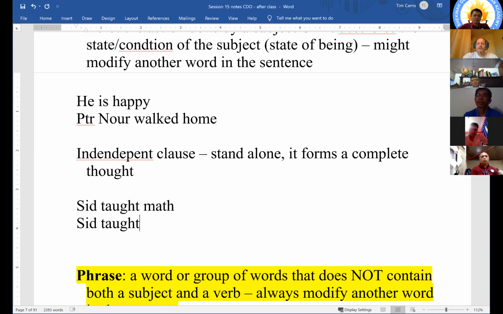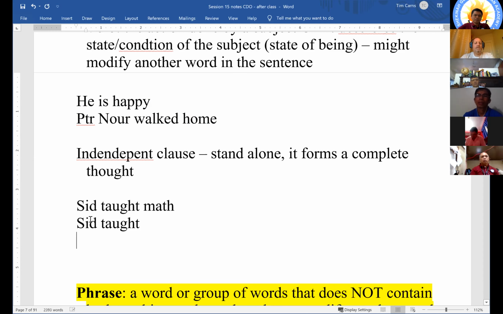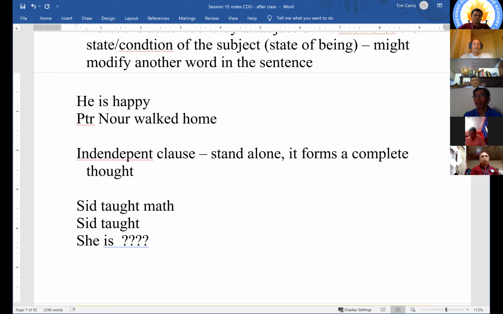Not necessarily, right? Or she is. Does that form a complete thought? No, it doesn't, right? Because she is what? Okay, so an independent clause forms the complete thought.